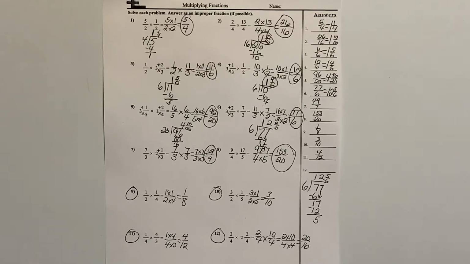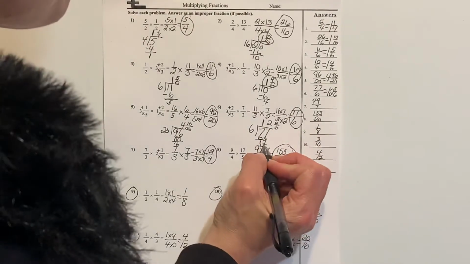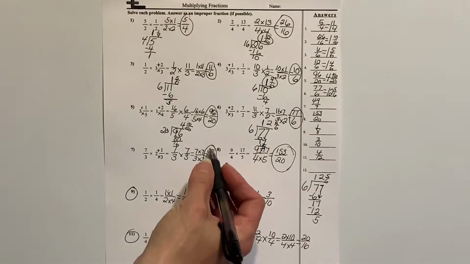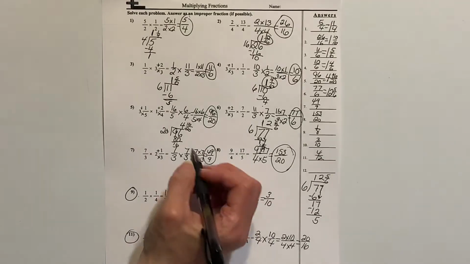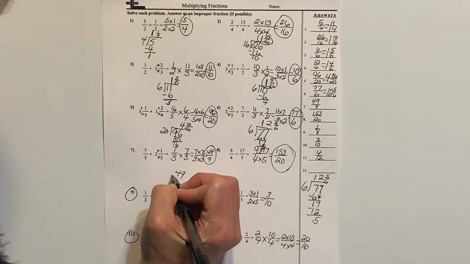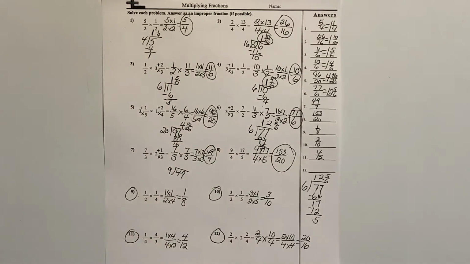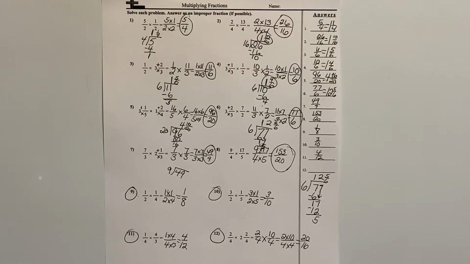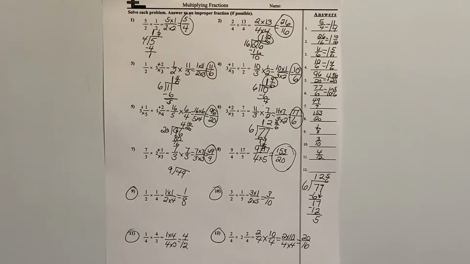All right. So now we've got 49 divided by 9. Okay. When I count by 9s, I've got 9, 18, 27, 36, 45. If I keep going, I'm going to go over, I'm afraid. 54, yes.